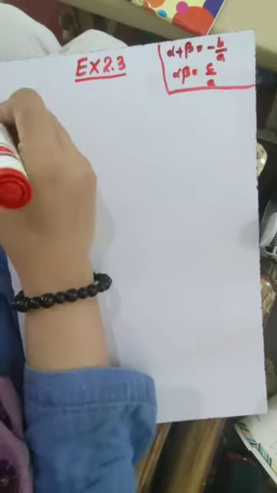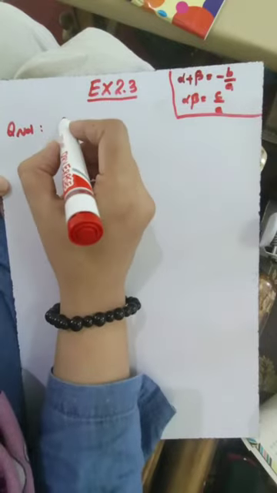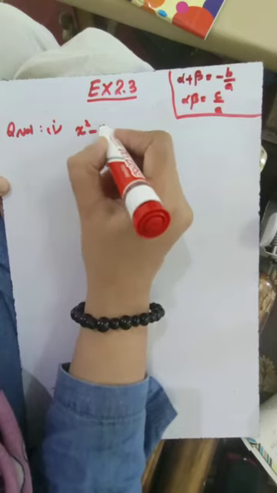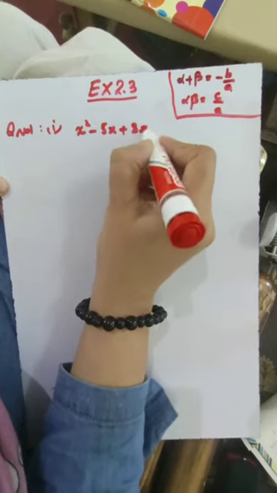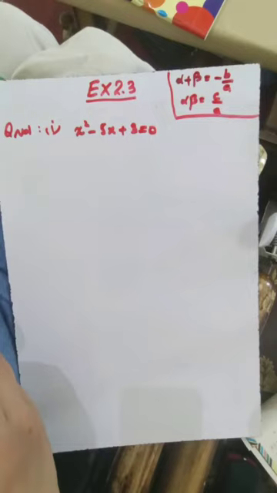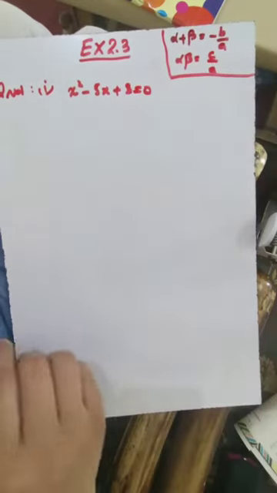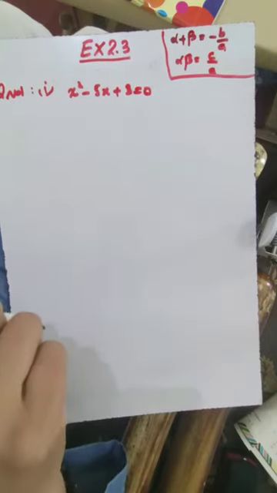First question is question number 1. We are given the equation x square minus 5x plus 3 is equal to 0. This is a quadratic equation, and they want us to find the sum and the product of roots of this equation.